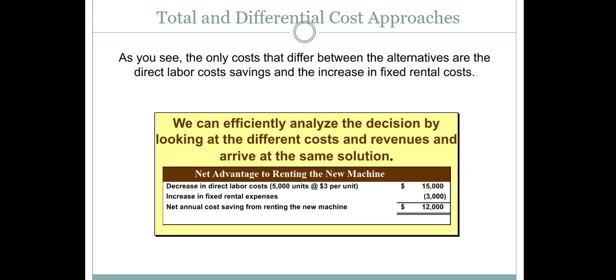As you see, the only costs that differ between the alternatives are the direct labor cost savings and the increase in fixed rental cost. You can efficiently analyze the decision by looking at the different costs and revenues and arrive at the same solution. So if you know how to identify the relevant cost, then you can make the decision making process simpler and can be done quickly.